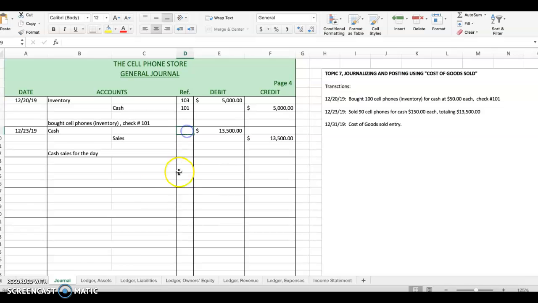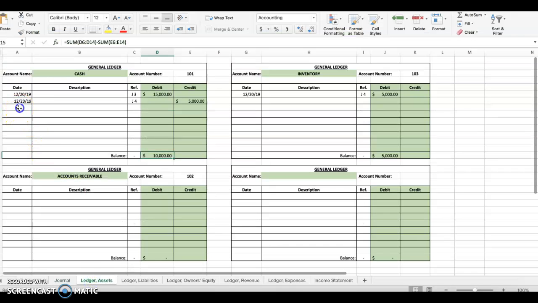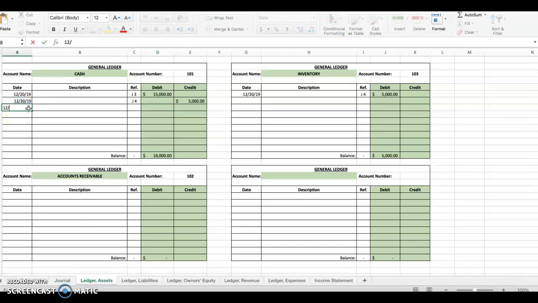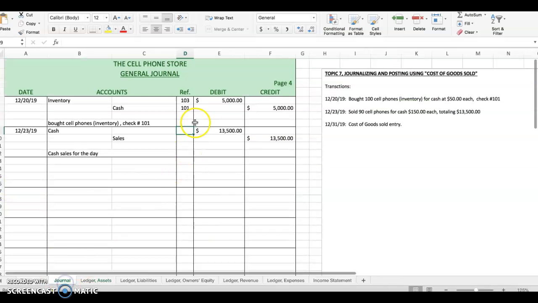So let's post that quickly. We go to the cash account. 12/23/19 is the date. Journal page 4, and we debit 13,500. Cash went up. You can see what happens to the balance now. And account number 101 back into the journal.